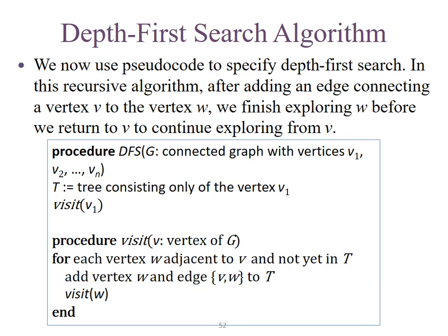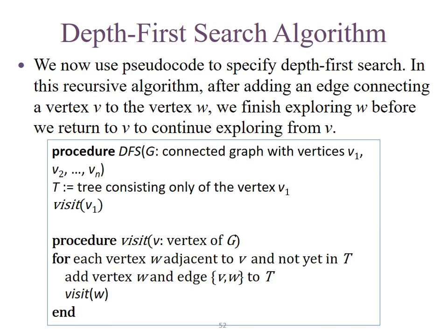All right, so next, let's see the depth first search algorithm. We call this DFS. The input is a connected graph G with vertices. The first step is to create a tree containing only one vertex, v1.